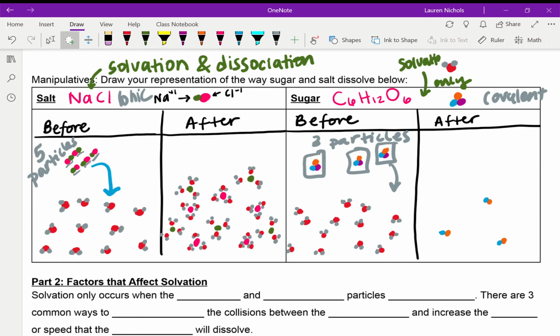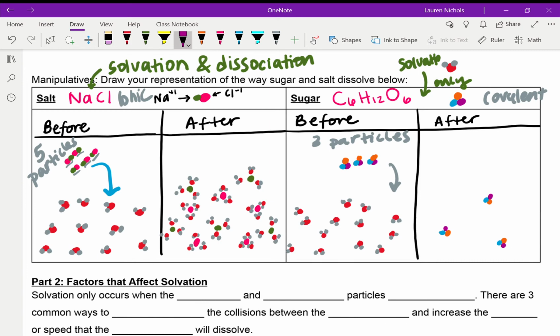These particles here are actually in a solid going to be almost on top of each other. So let's move those a little closer. There we go. And if we erase these boxes, you'll see that they're much closer together. But when they dissolve in water, they're going to separate.